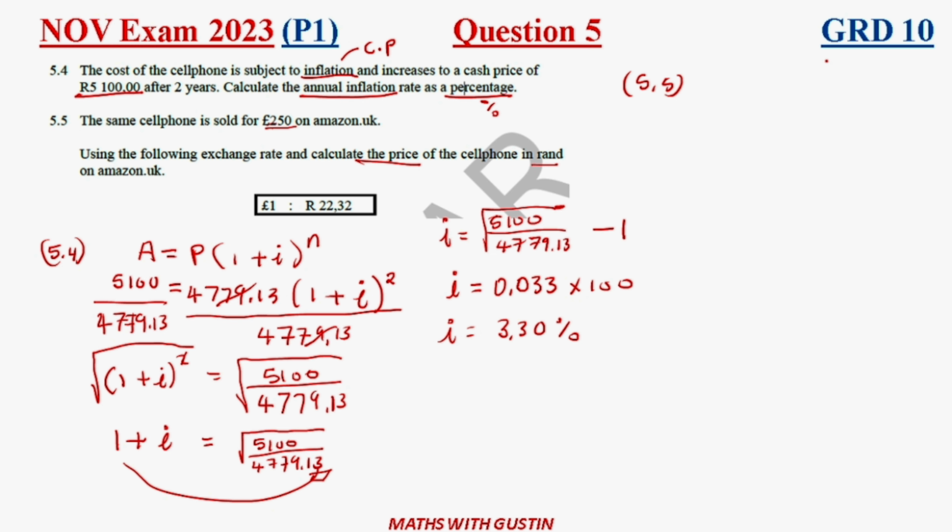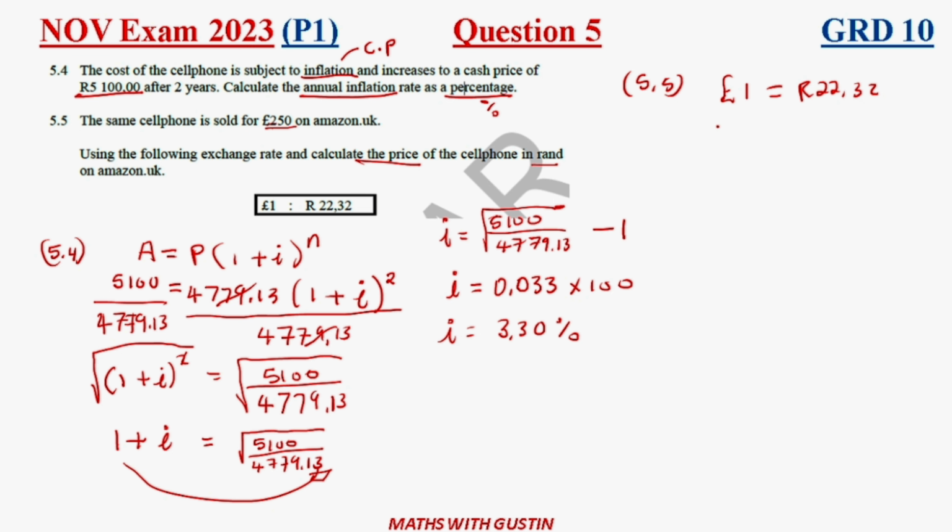Okay, so now what are they saying? They are saying here's the exchange rate: £1 is equal to R22.32.